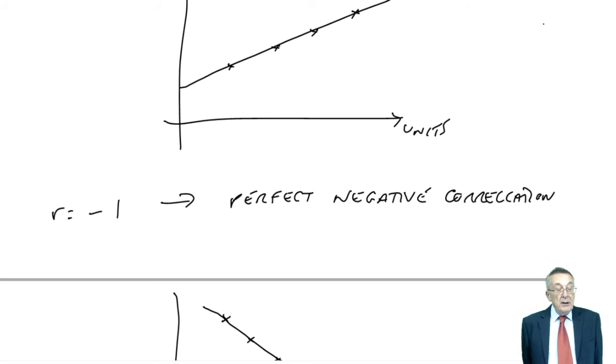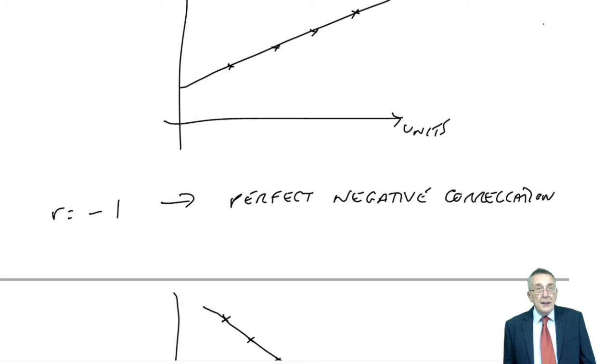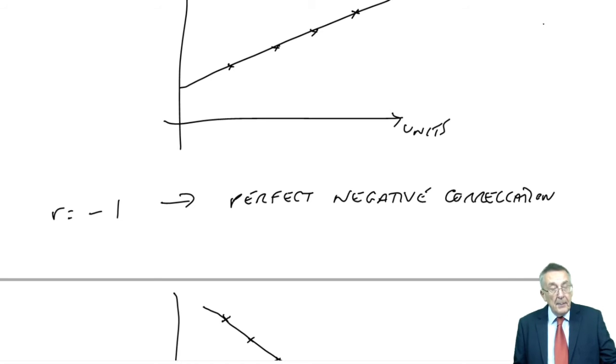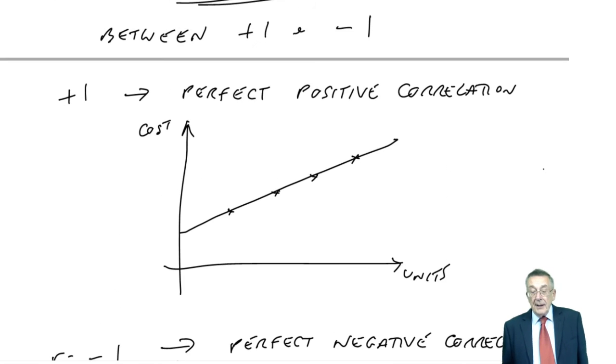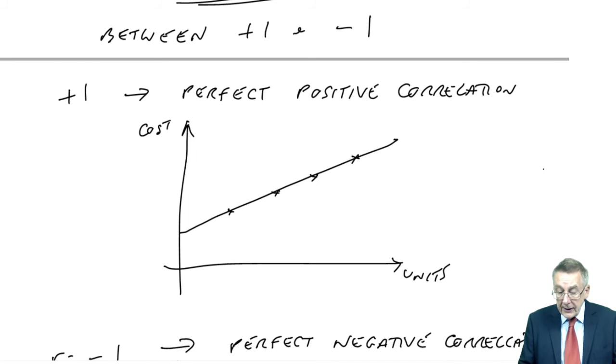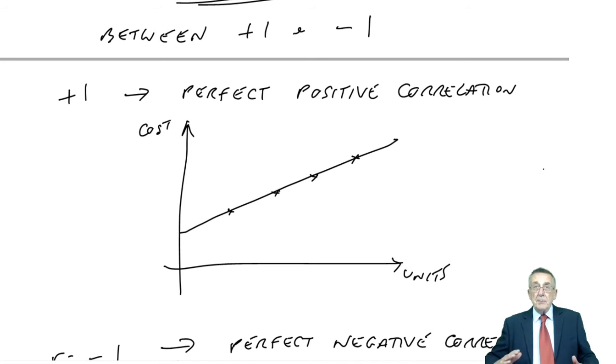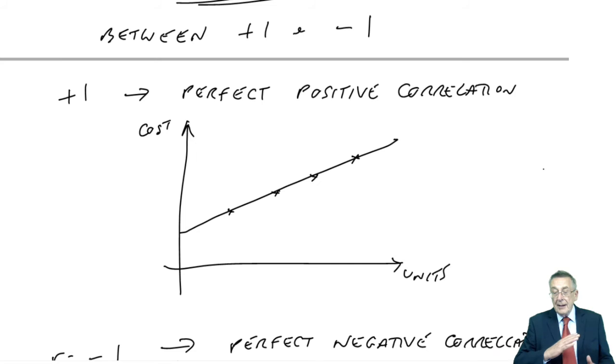A, the number of hours spent studying and the likely exam score. Well, would you not expect that the more you studied, the higher mark you got? So you'd expect, not necessarily perfect, but positive correlation.